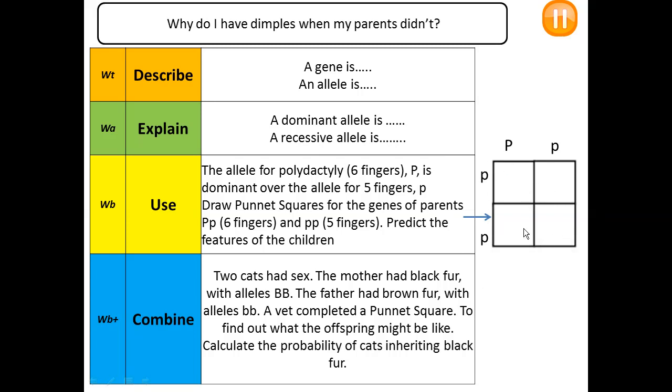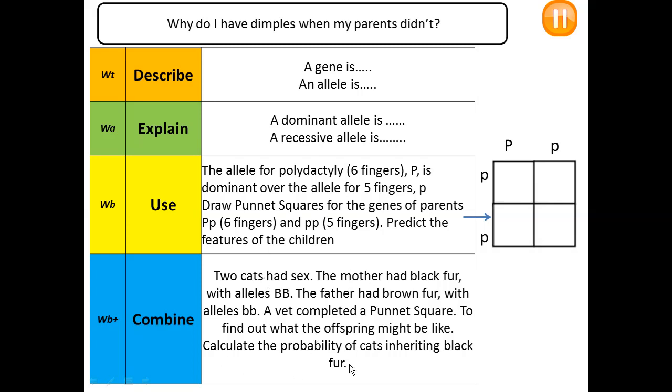Actually, I've done it for you. I already put the gametes on the top and on the side. What you need to do is complete the Punnett square and predict the features of the children. In this case, we are talking about polydactyly. Having six fingers is linked with a dominant allele.